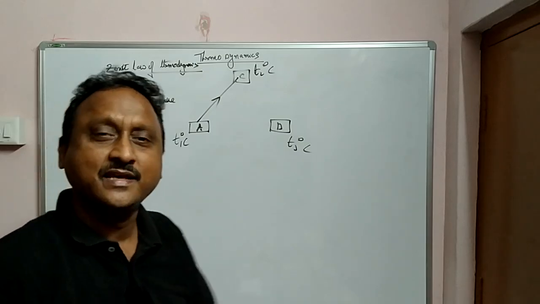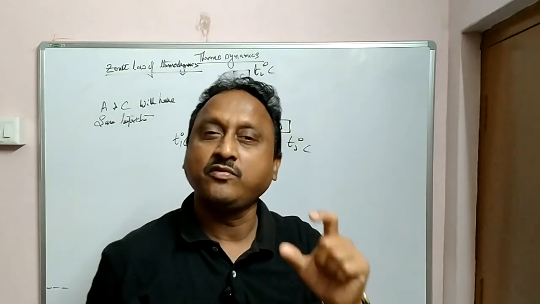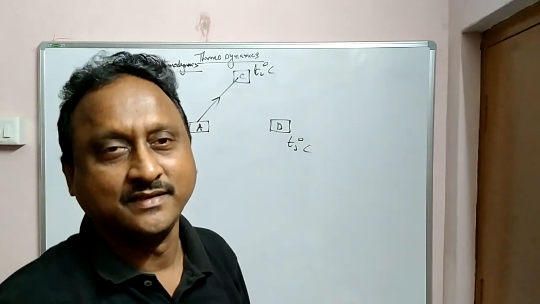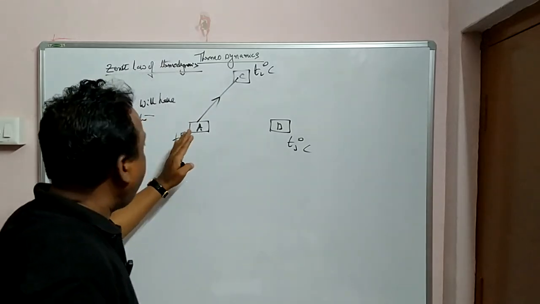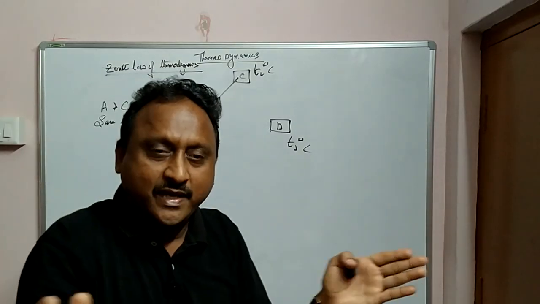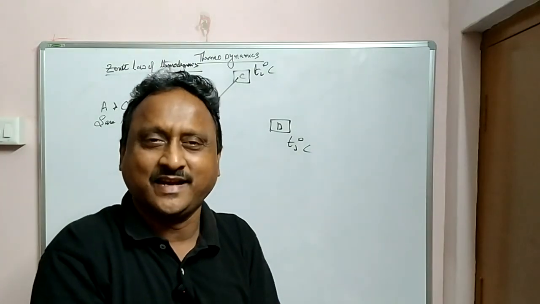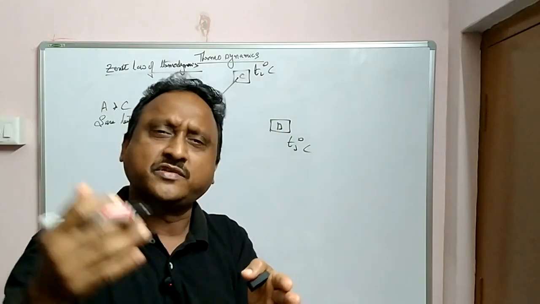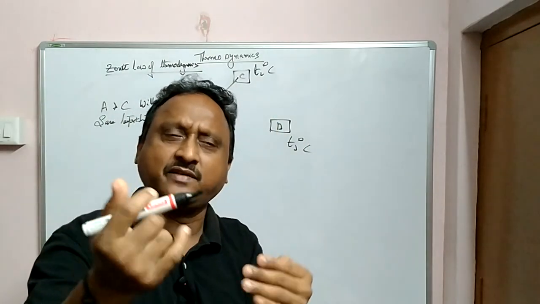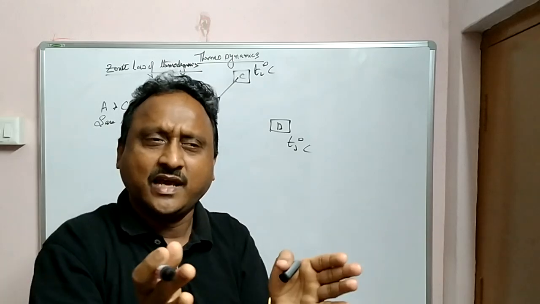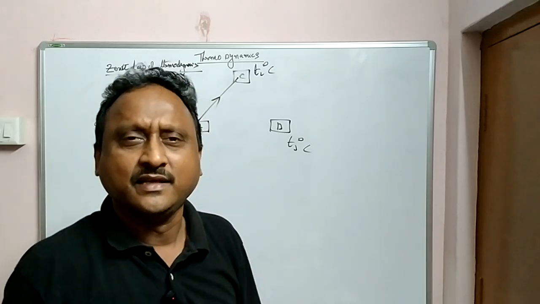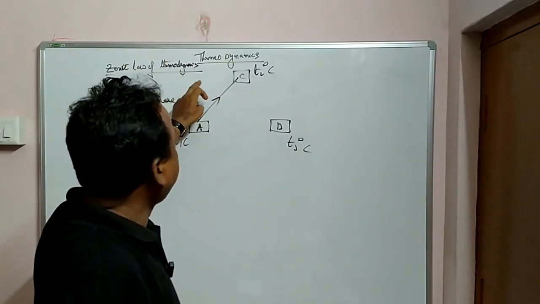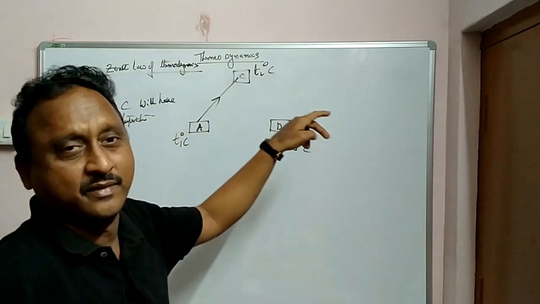After some time both come to an equilibrium temperature. When A and C are put side by side, the one with the higher temperature emits radiation, and finally both attain an equilibrium state. That is called thermal equilibrium.